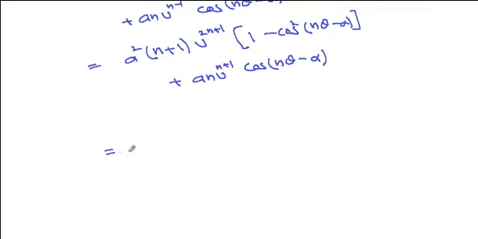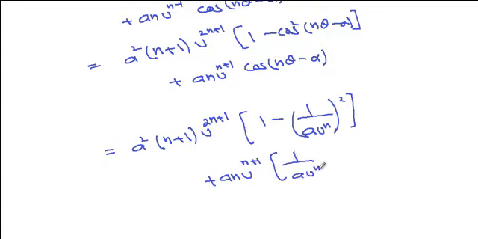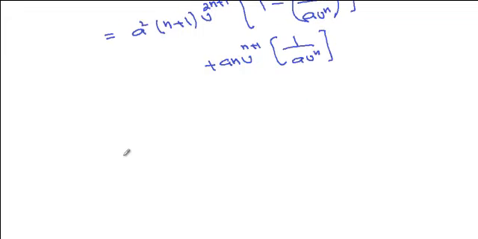This will become A²(n+1) u^(2n+1), and then this will be 1 over A u^n, because there is the square of this cos, plus A n u^(n+1), and this will be 1 over A u^n. Now let's simplify this.